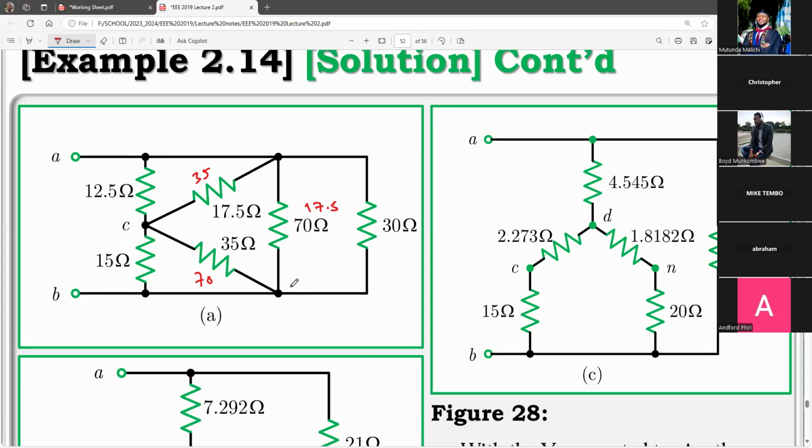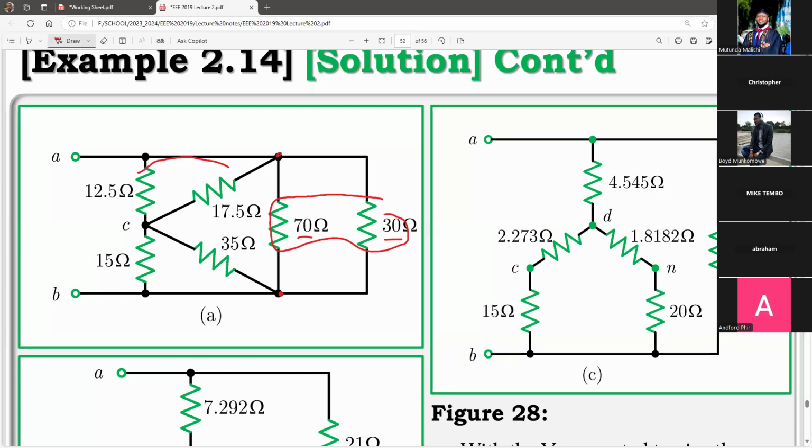Okay, so if you did that, you'd realize that this 70 and 8 are actually in what? In parallel. So you can obtain that parallel combination. So these two are in parallel. Okay, these two are in parallel, because they are both here and there.